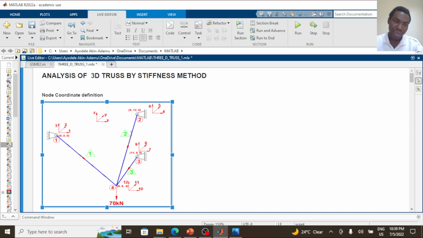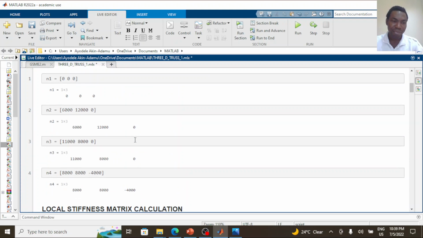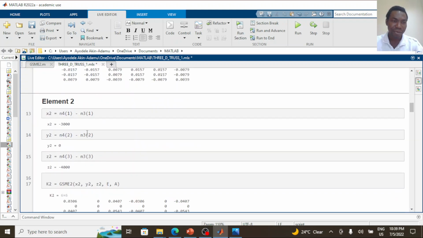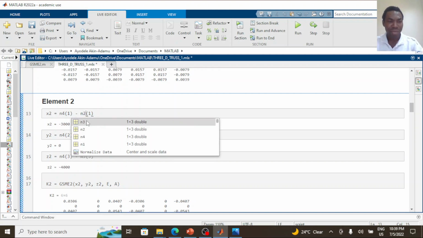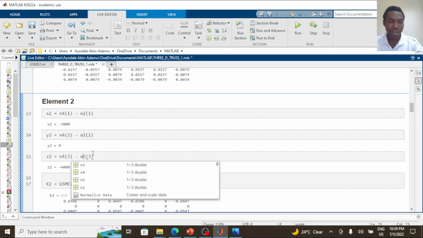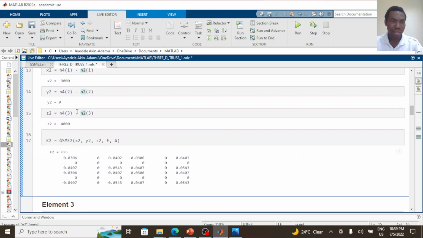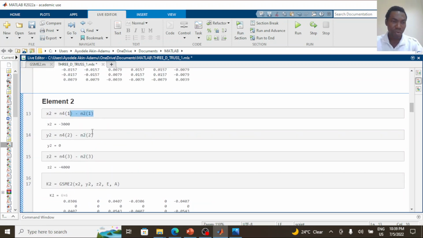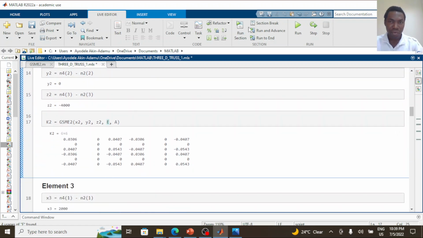Element 2 should be n4 minus n2. So this is n4 minus n2, n4 minus n2, n4 minus n2. We do this for position 1, position 2, position 3, and we enter the value here, and we run to calculate K2. K2 is the local stiffness matrix for element 2.